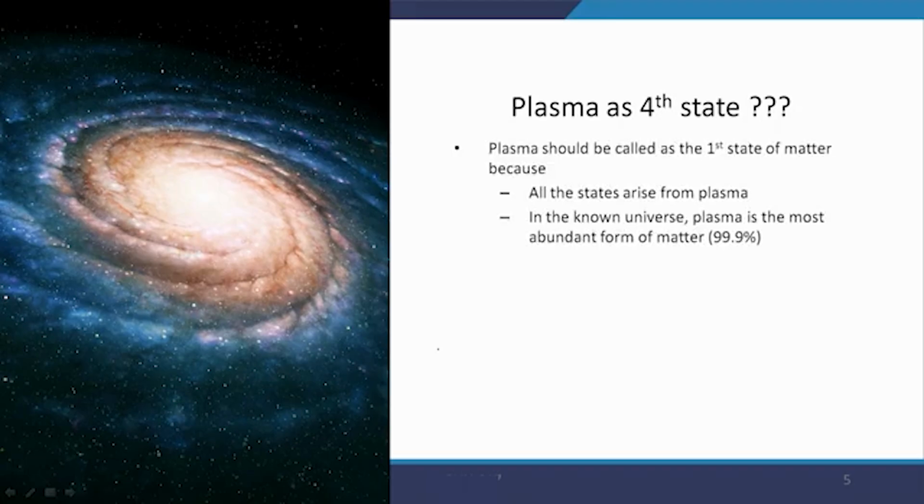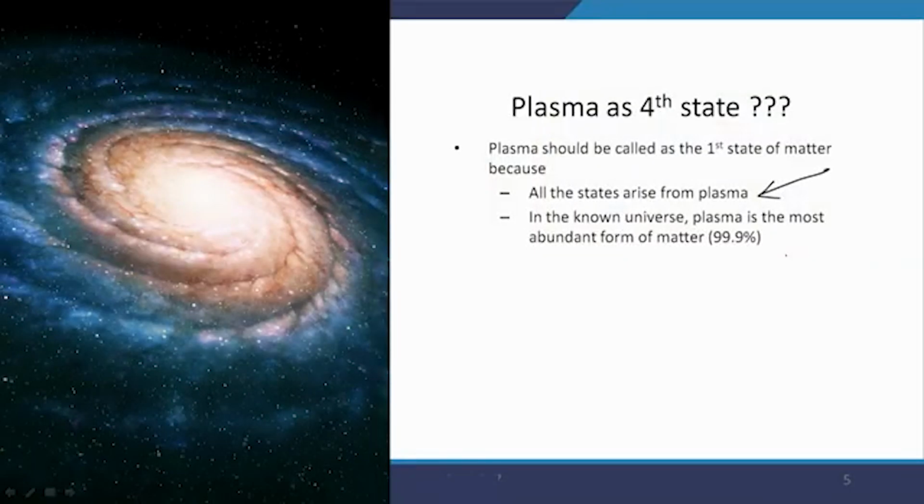Like I said, the plasma state is the most fundamental of all the states of matter. All the remaining states of matter are different phases or different forms of this fundamental state. So, plasma should actually be referred to as the first state of matter. Why?